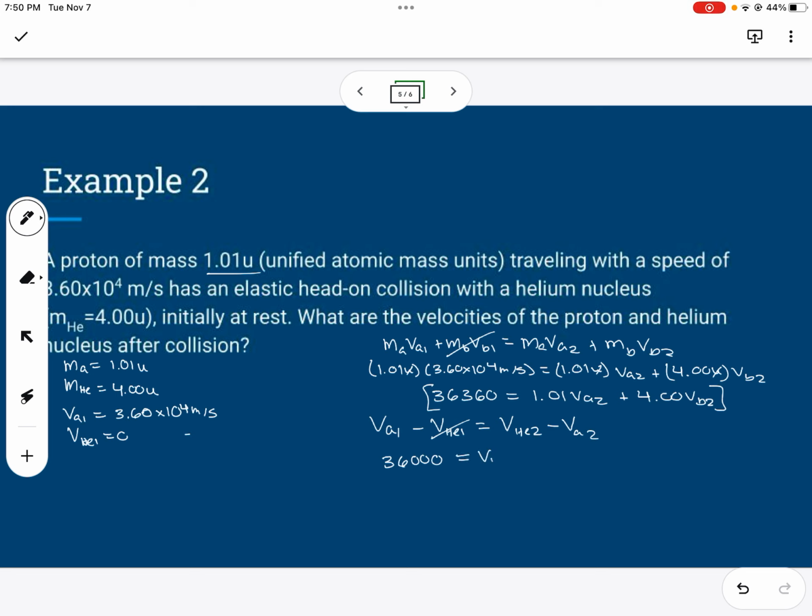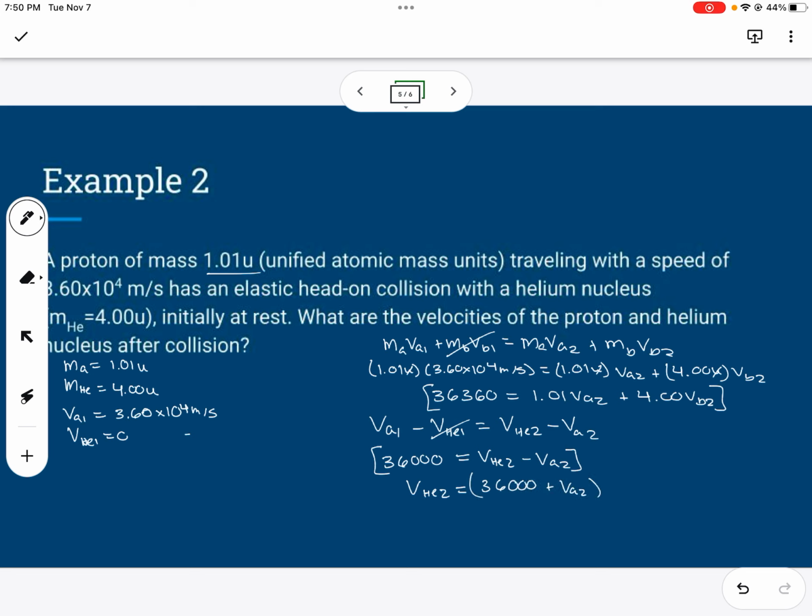It's going to equal VHE2 minus VA2. That's my second equation. Maybe for this one, substitution would be better. In my humble opinion, I would definitely say substitution would be better. So I'm going to rearrange and solve for VHE2. VHE2 is going to equal 36,000 plus VA2.